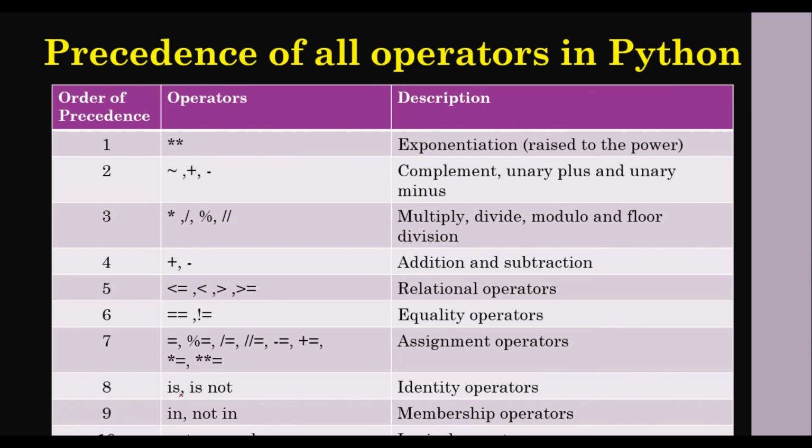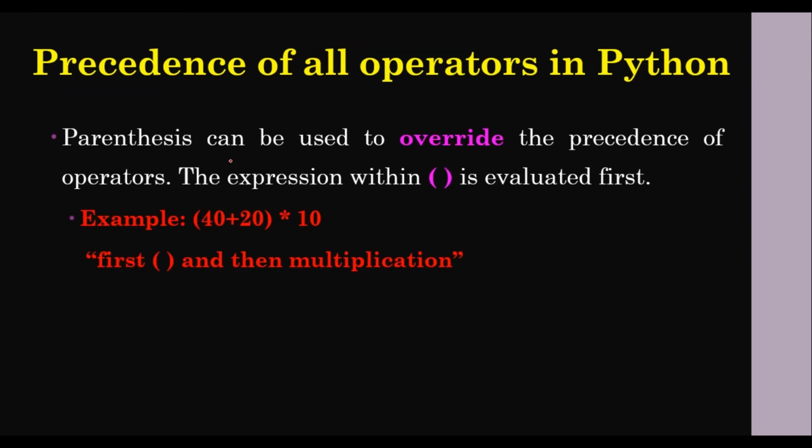Python will follow these rules and do the operations as per this order of precedence. There are a few rules for this also. The first rule is that parentheses can be used to override the precedence of operators. With the help of parentheses, you can override the expression, and the expression within the parentheses is evaluated first.